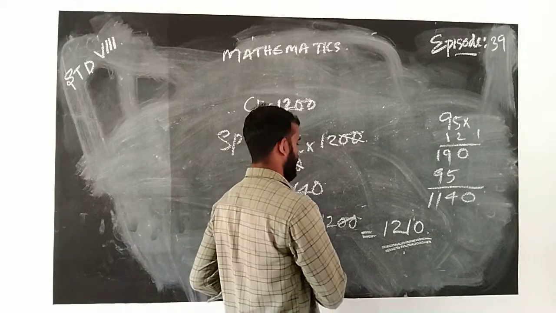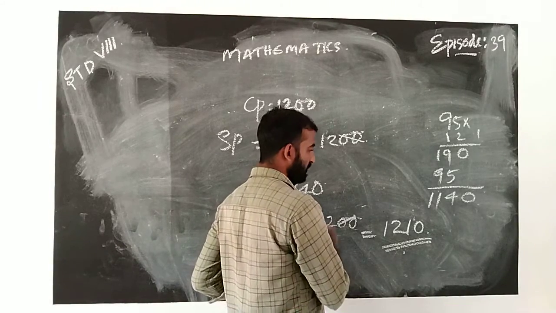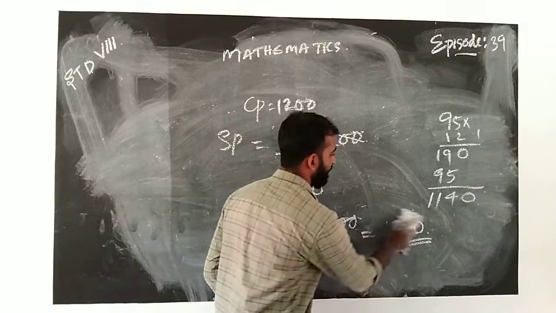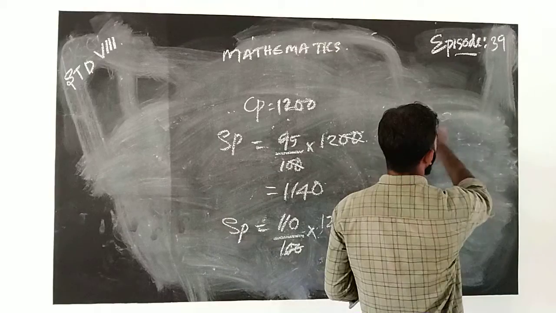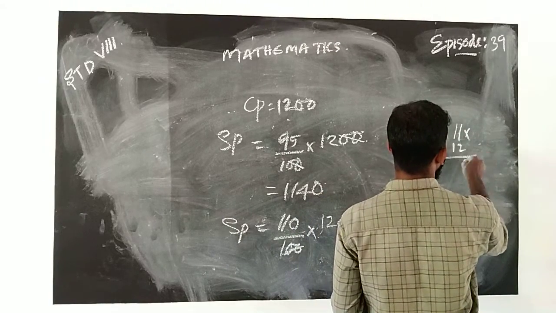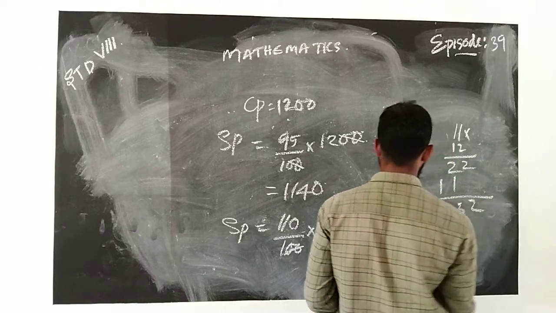That is 11 into 12, which gives 132, so 1320.